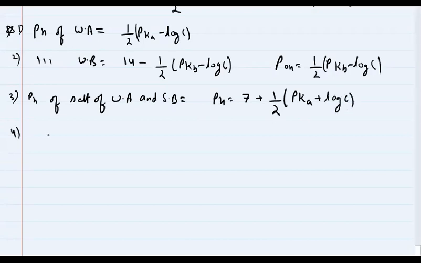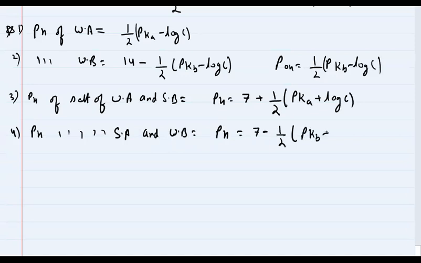Fourth, pH of salt of strong acid and weak base is equal to, again, pH is equal to 7 minus half. Now weak base, so we will get pKb plus log C. Fifth one, pH of weak acid and weak base.